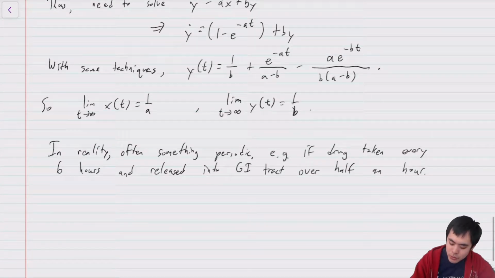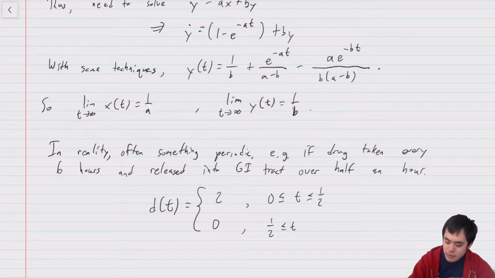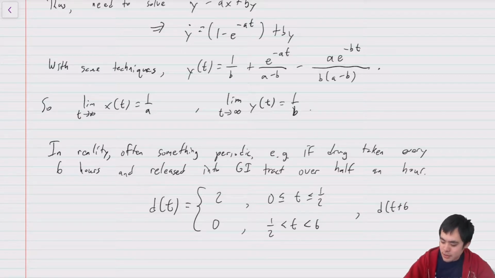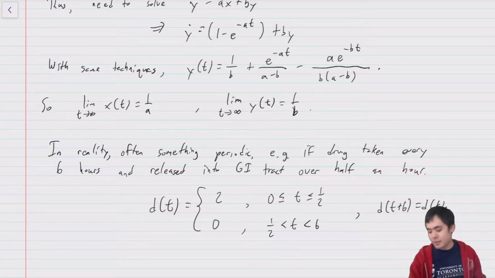So if we did that, then we'd have some function d of t is equal to 2 for 0 less than or equal to t less than or equal to 1/2, and 0 for the remainder of the 6 hours. And d of t plus 6 is equal to d of t. So we have a periodic forcing term, basically.